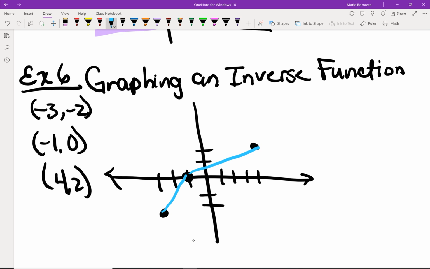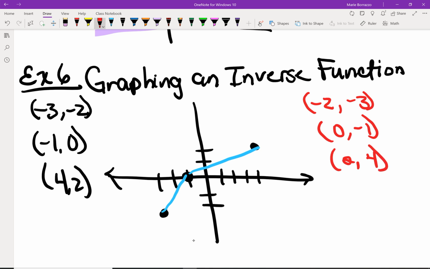If I want to draw its inverse, I'll do the inverse in red. Notice that I'm simply going to start diagramming (-2, -3), (0, -1), (2, 4).